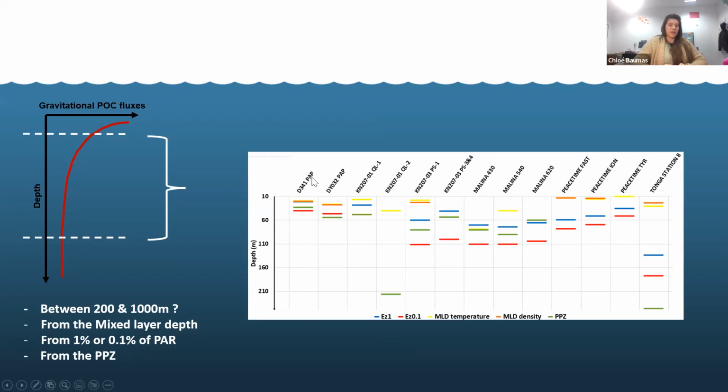To do this, I use CTD data from cruises in North Atlantic in PAP site in 2009, 2015, West North Atlantic, Arctic, Mediterranean Sea, and South Pacific. And we see that it's very variable with high range each time. So who is right, which method to choose?